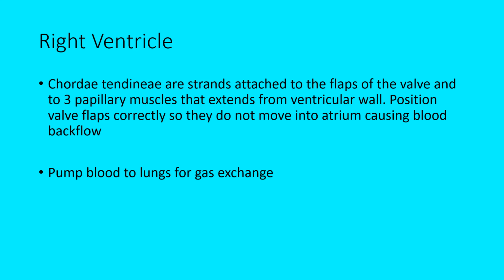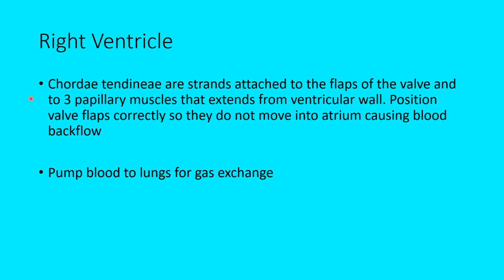The blood passes through the tricuspid valve into the right ventricle. Now, on the valve, there are the flaps. The tricuspid has three flaps. So these flaps have to be attached to something so they're just not flapping all over the place. How do you control it?